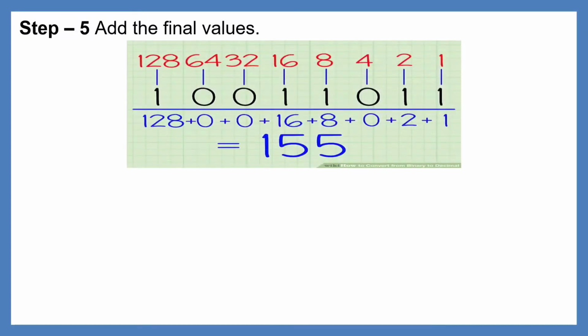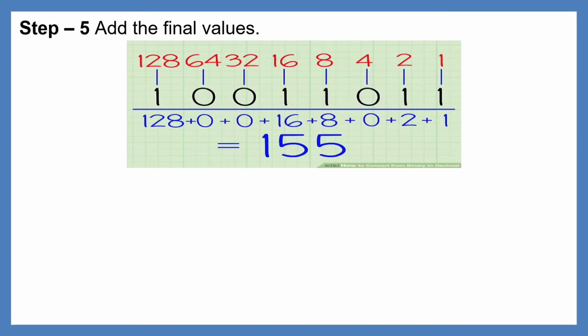So, the next step is you're going to add the final value. You're going to add 128 plus 16 plus 8 plus 2 plus 1. There's no need for you to write or add 0 because it is 0.